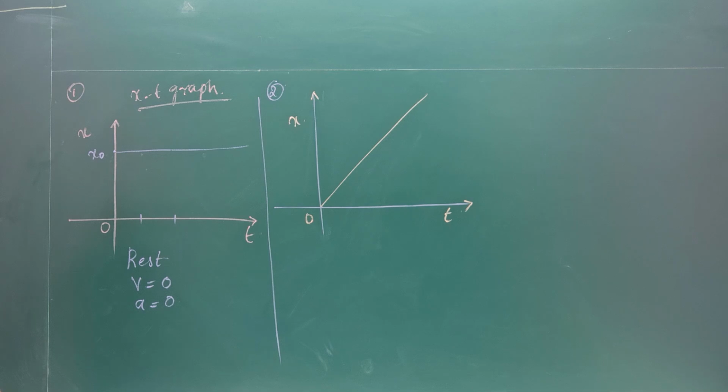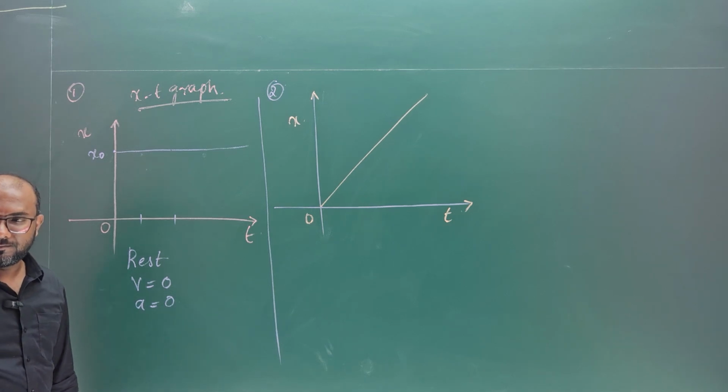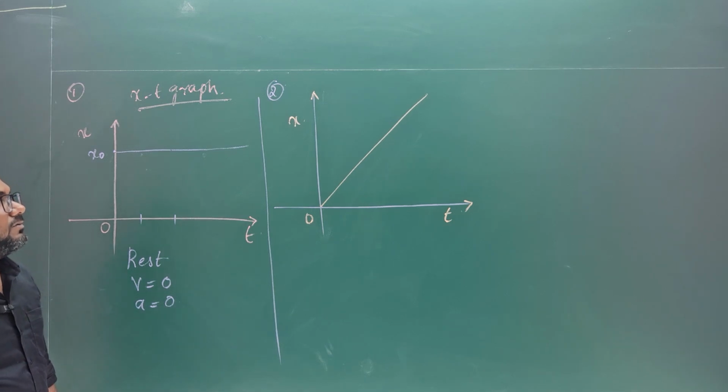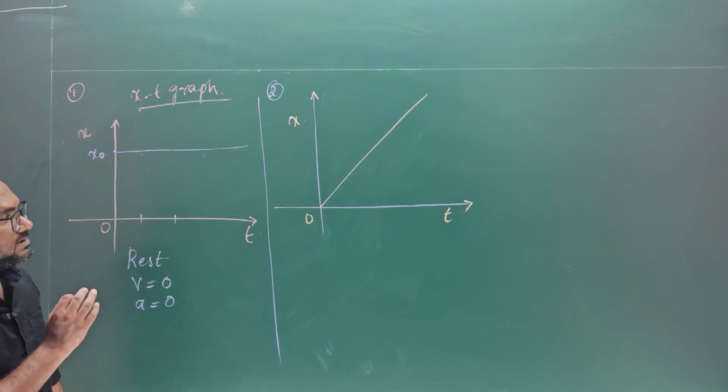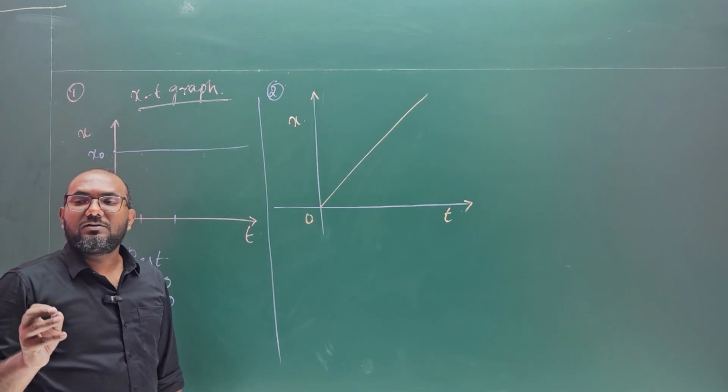Now this one may be traveling equal distances in equal intervals of time. If unequal distances are traveled in equal intervals of time, then the body is traveling with different speeds, and I can call this acceleration. Yes or no? So before finalizing whether this one is moving with constant velocity or not, we need to check what?